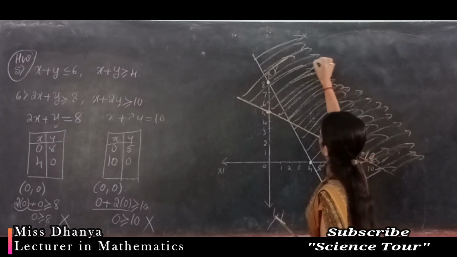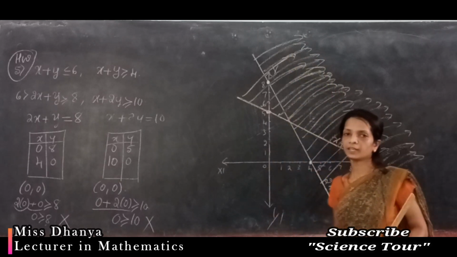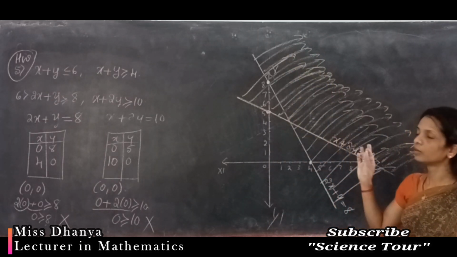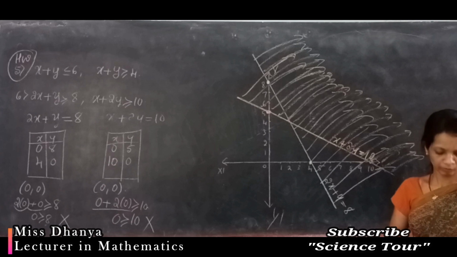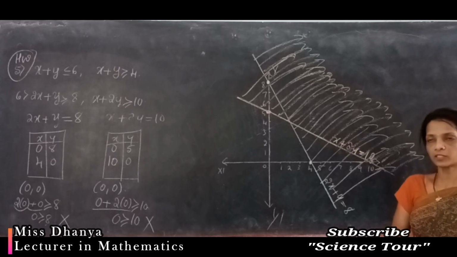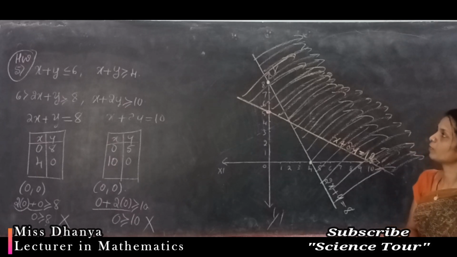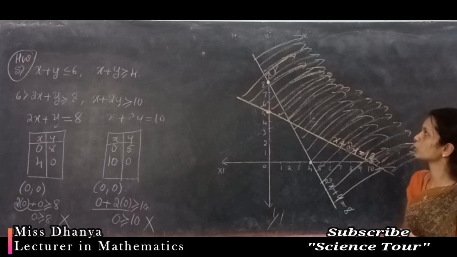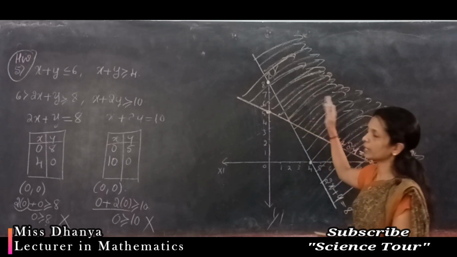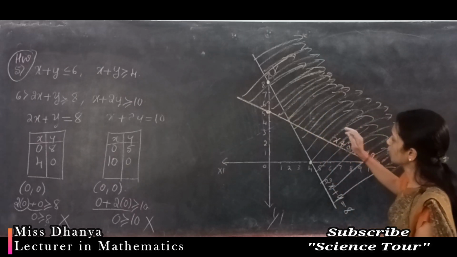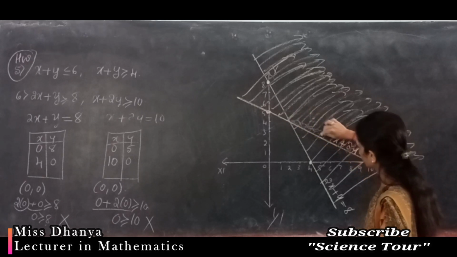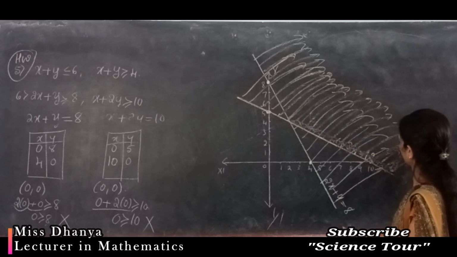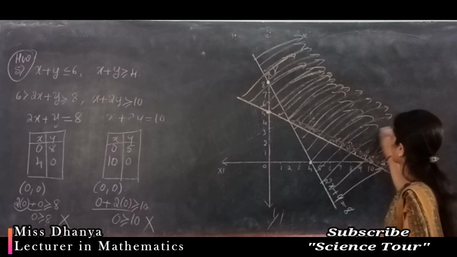of the second inequality. Now you see both colored shadings are in which region? That region is the common solution region. Can you see in which region you have both types of shadings? Green shadings as well as orange shadings are in which region? In this region, right? Here you have, I'll shade that.